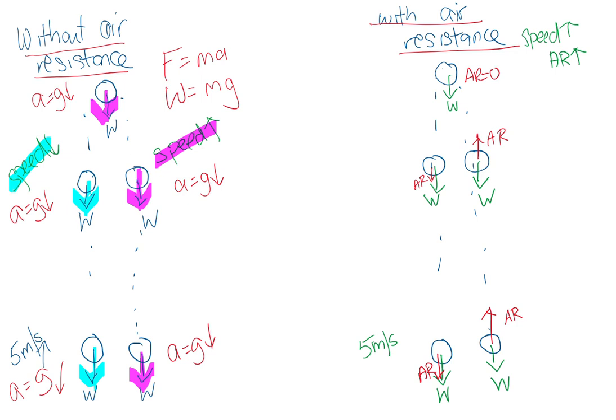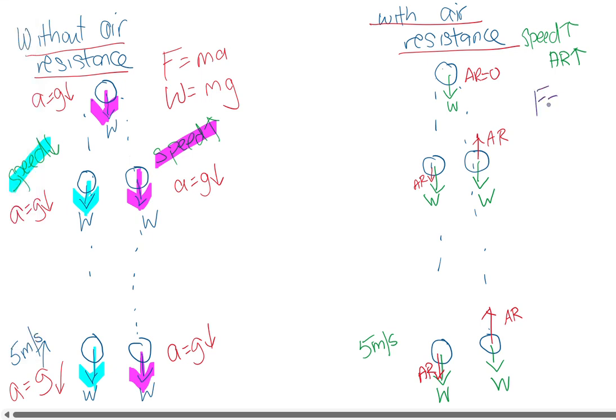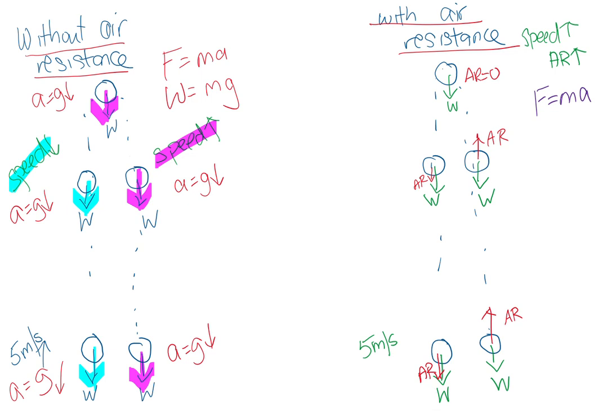So we come to a scenario where if we are looking at the net force, can you see that as you move up, the net force is adding the two together? So since F equals to ma, as you move upwards, your F is not W, okay?